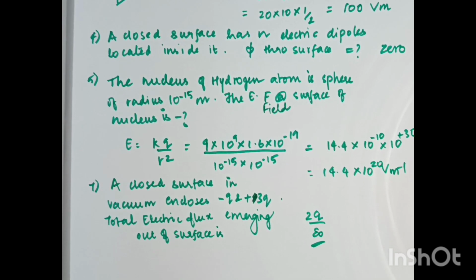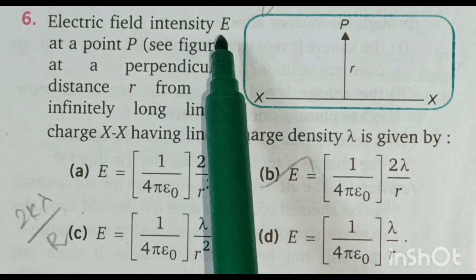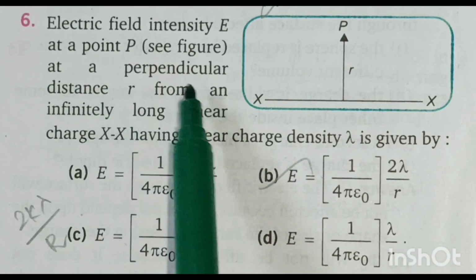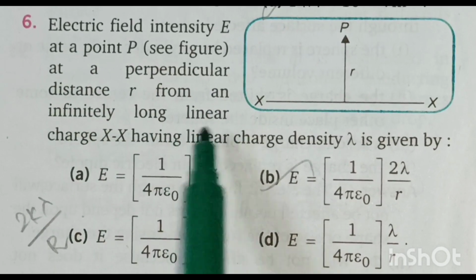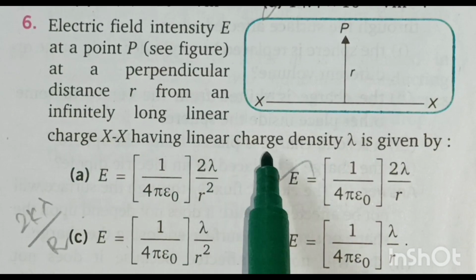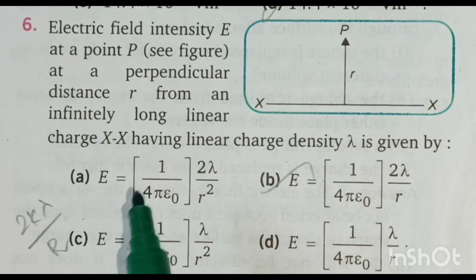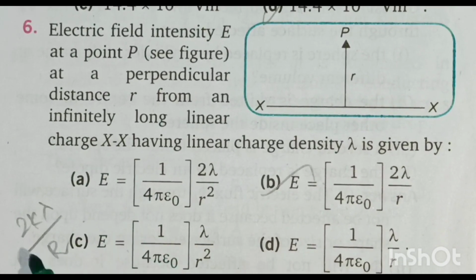So it is 2q by epsilon naught. That is the answer. Electric field intensity E at a point P at a perpendicular distance small r from an infinitely long linear charge having linear charge density lambda is given by? This is a simple question where the formula is the direct answer.